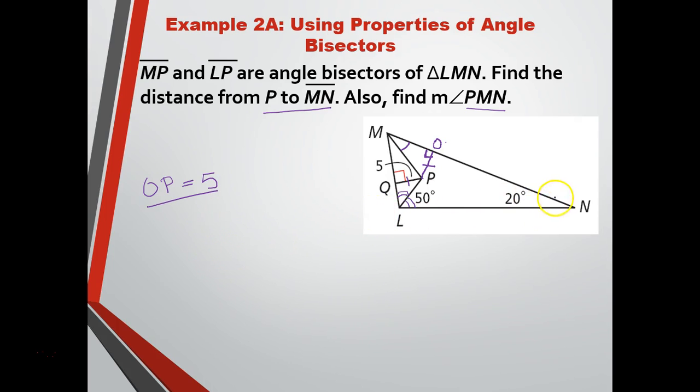So in this triangle, remember that all the angles inside a triangle add up to 180 degrees. So here's what I'm going to do. I'm going to write out that the measure of angle L plus the measure of angle M plus the measure of angle N add up to 180 degrees. Now angle L, if we take 50 and add 50 again, that total angle measurement is 100 degrees.